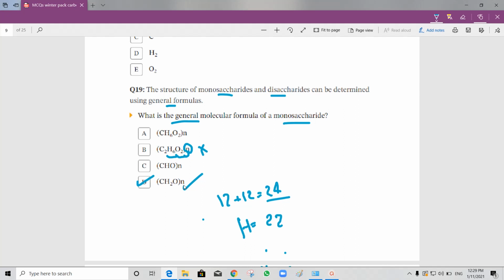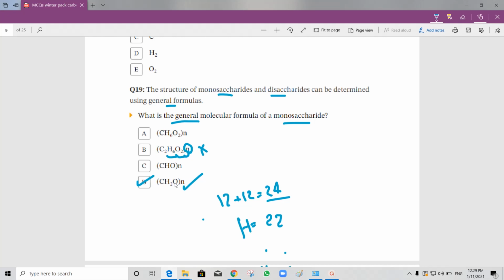N is a number. We can notice that the number of carbon atoms is equal to oxygen, and hydrogen is twice the carbon and twice the oxygen.